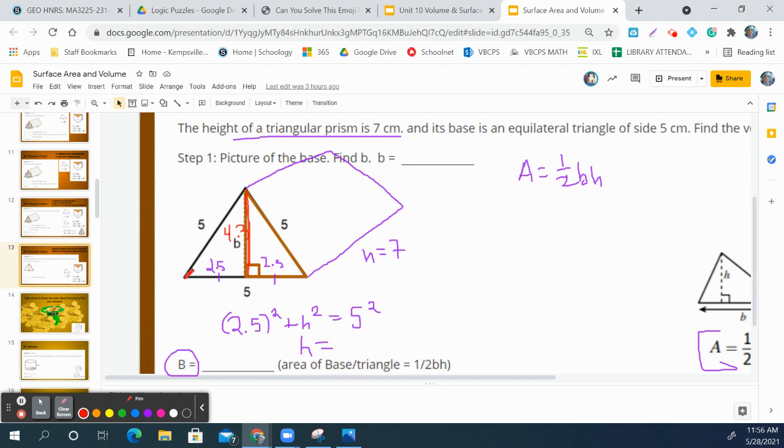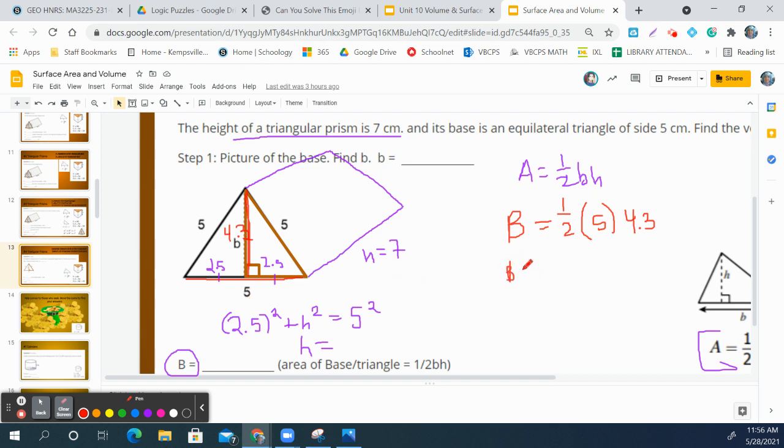So the base of this triangle is 5. So to find the big B, I've got to do 1/2 that base, which is 5, times the height of the triangle, which I just found with Pythagorean theorem, 4.3. That's going to give me my big B, the area of this triangle.